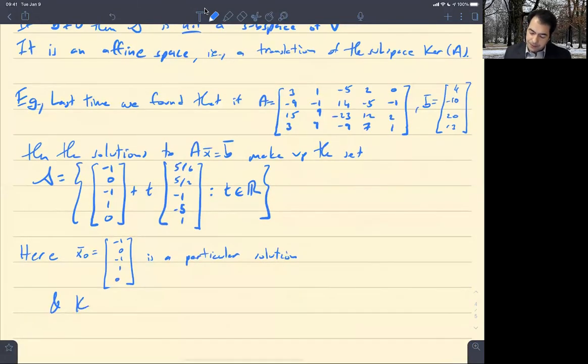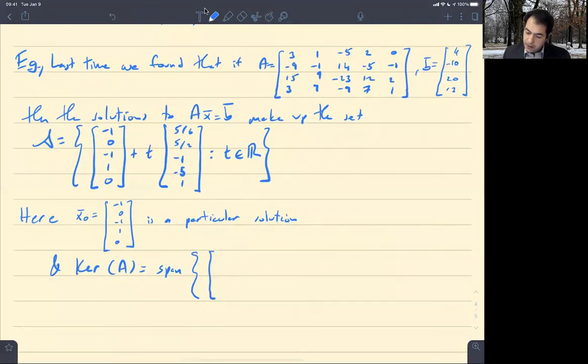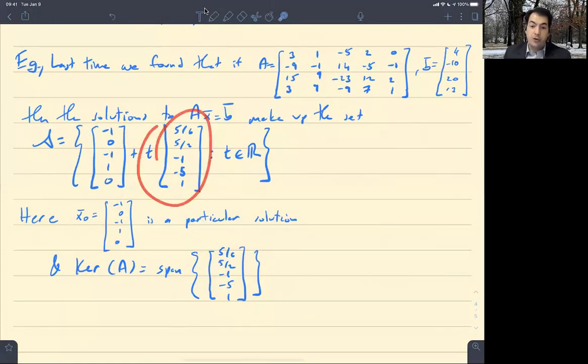And the kernel of A is the span of this other vector, 5 over 6, 5 over 2, minus 1, minus 5, 1. Right? This vector spans the kernel of A. And so this set of solutions is of the form that we're just talking about, a particular solution plus elements of the kernel of A.